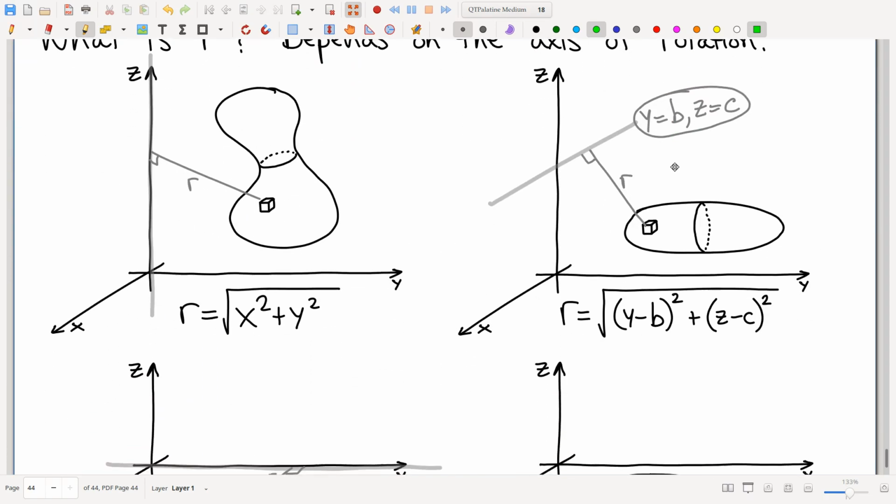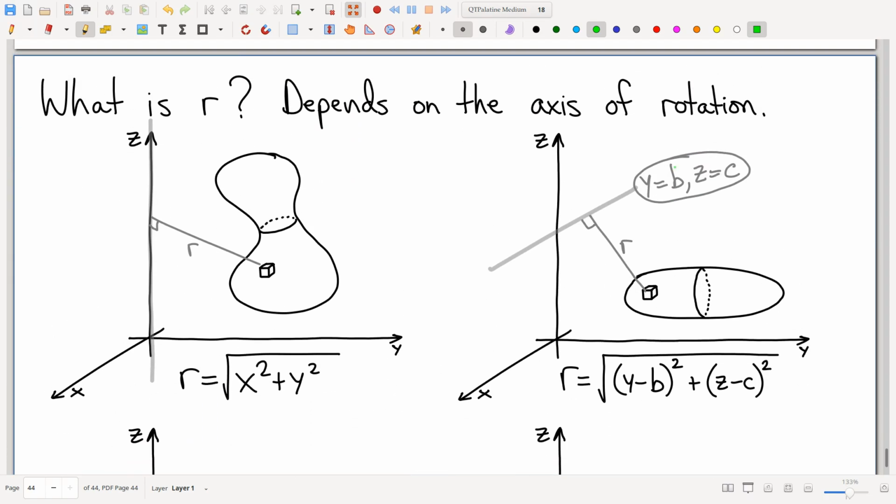So here's a couple of versions of what R might be, and I'm going to start with the one where it is the z-axis that we're rotating around. The distance to the z-axis is computed by a pretty simple formula, and in that case, it's literally your cylindrical R. That's nice, and you do get lucky sometimes. Here's another situation, though. Let's take this line right here, a horizontal line parallel to the x-axis, defined by certain values of y and z.